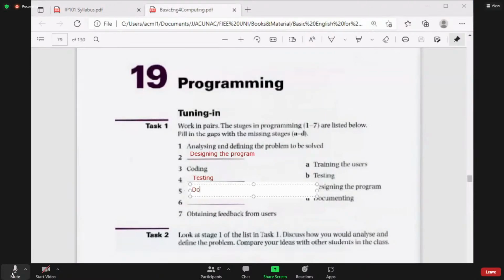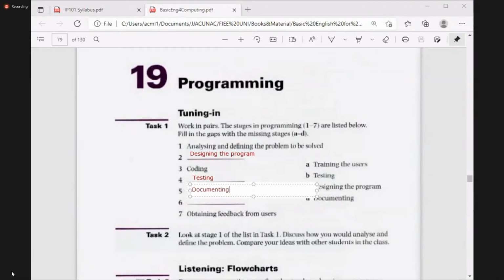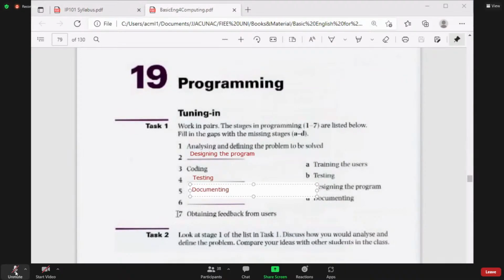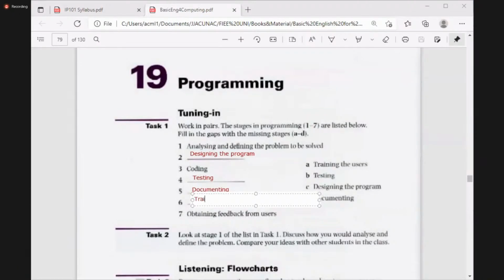We need to put that into a document, and this document is going to be spread among the users. But those users will need to have some training. And finally, we are going to obtain the feedback from them. That is the principal part.